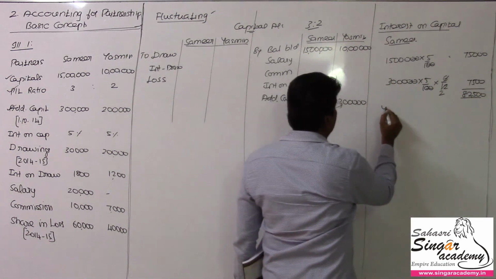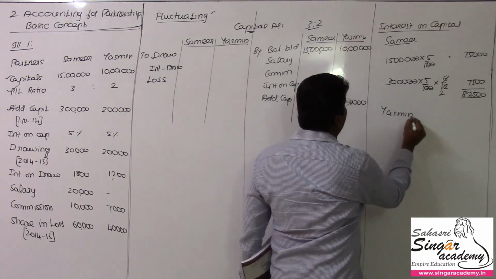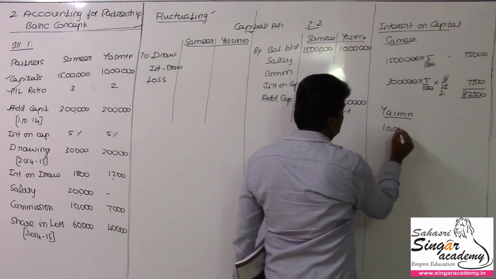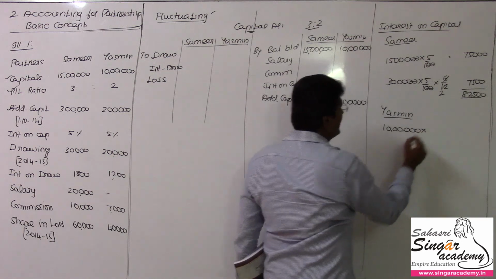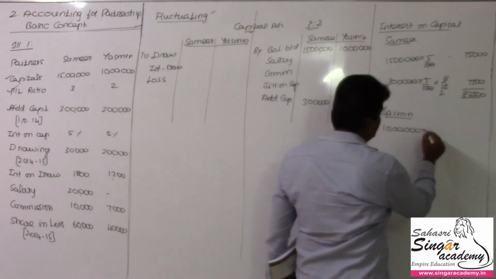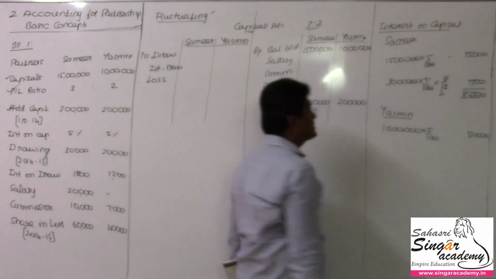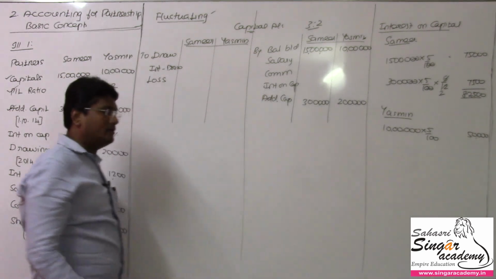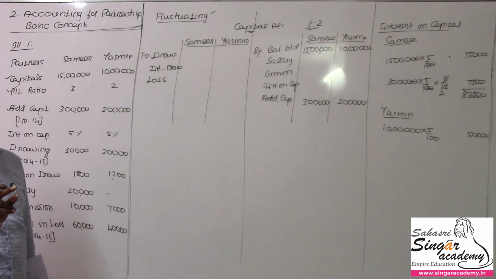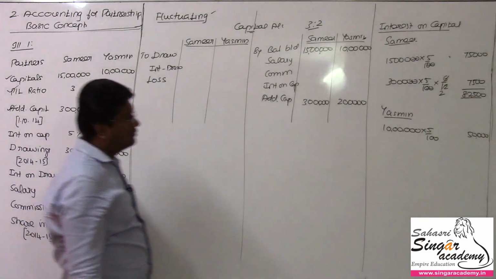Repeat the same calculation for Yasmin. For Yasmin, the original investment was 10 lakhs, available from the year beginning itself. It carries 5% interest, which is equivalent to 50,000 rupees. Additional investment made on 1st October. The book says that it is 1st July, but I converted that to 1st October.